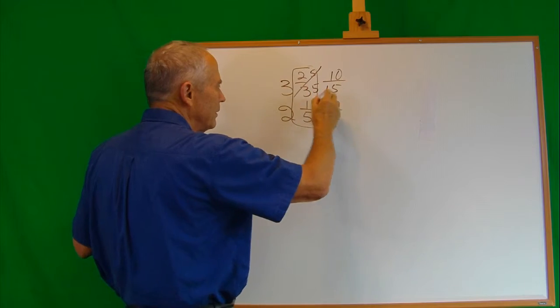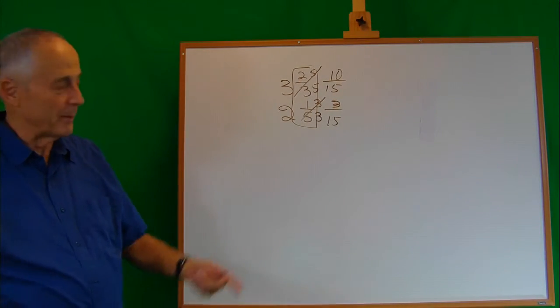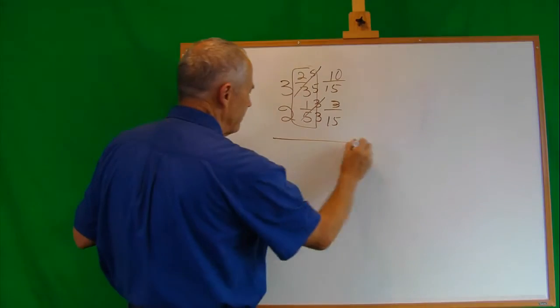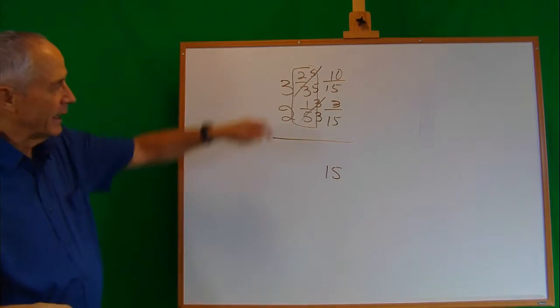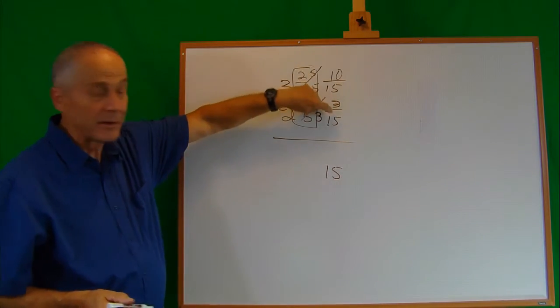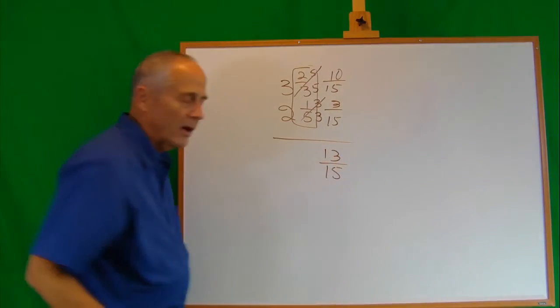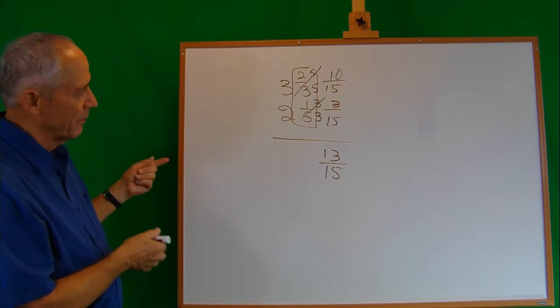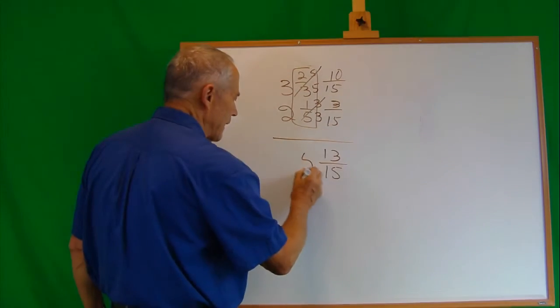Okay, now those are replaced by our new fractions that have the same denominator. And since they do have the same denominator, we can add them. Our denominator is going to be that 15. And our numerator is going to be, we've got 10 here and 3 here. That's 13. Okay, we aren't required to do anything with that, so we just move over to the next column. And we're adding 3 plus 2 is 5.